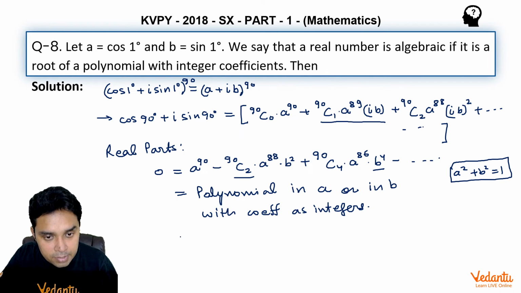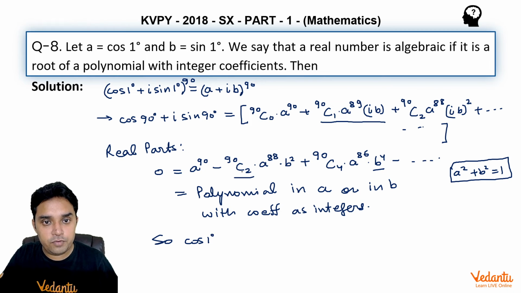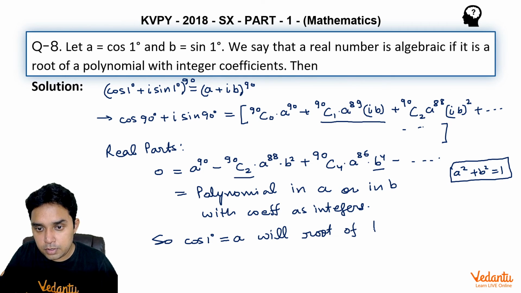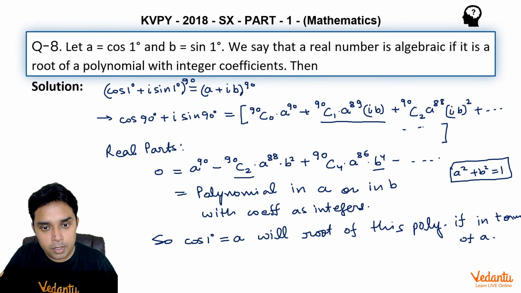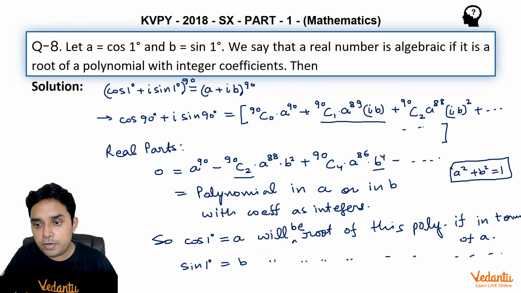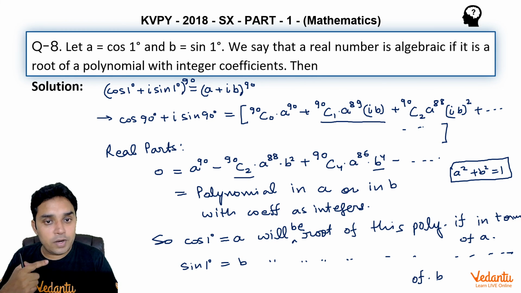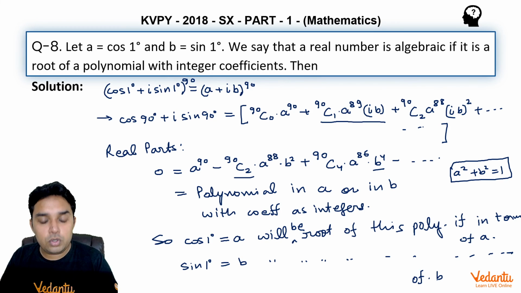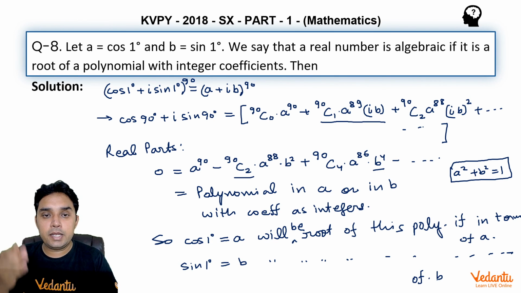So we can now say that if it is a polynomial in A, then this cos 1 degree which we took as A will be a root of this polynomial in terms of A, and similarly sin 1 degree which is equal to B will be a root of this polynomial if it is written in terms of B. So we have proved that cos 1 degree and sin 1 degree can both be roots of a polynomial such that their coefficients are integers.